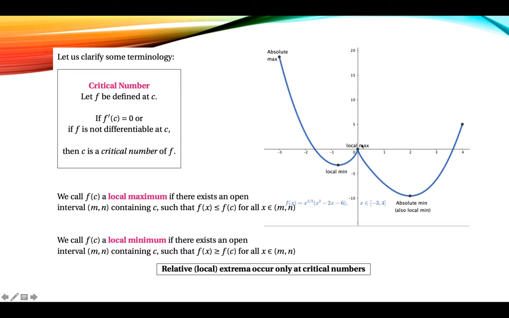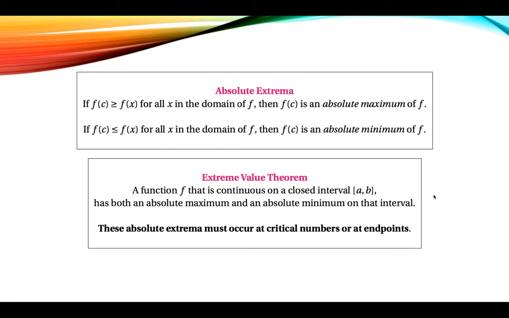We call f of c a local minimum if there exists an open interval m to n containing c such that f of x is greater than or equal to f of c for all x values between m and n. Relative or local extrema occur only at critical values.